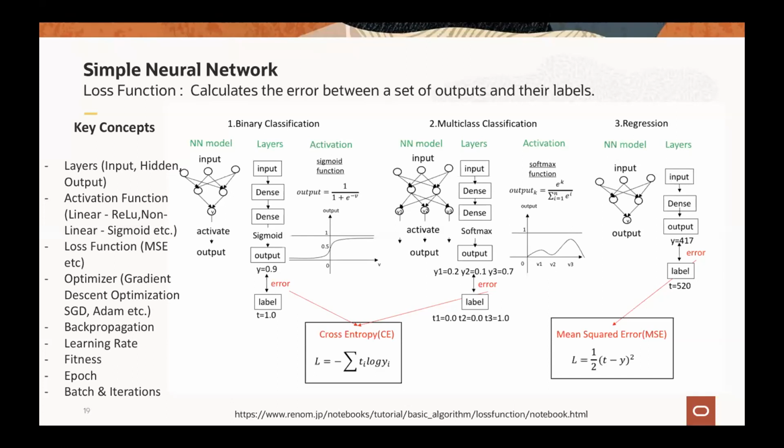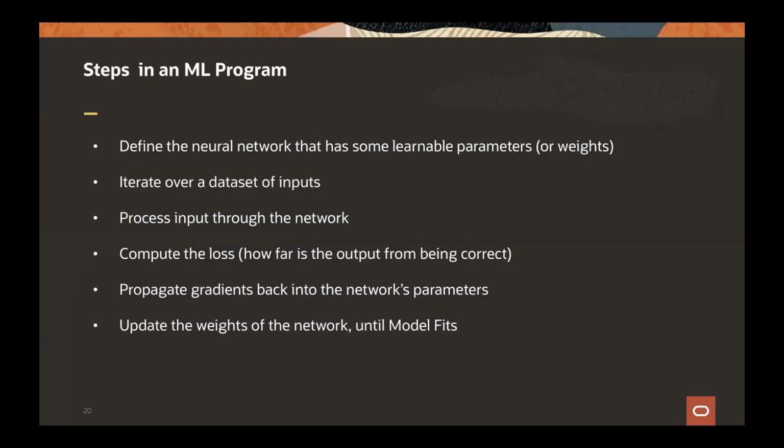So the steps at a high level are: define a neural network with some learnable parameters or weights, iterate over the inputs, process them through the network, compute the loss, propagate the gradients back into the network parameters, and update the weights. Some of these operations the model does on its own. All you have to do is define the algorithm and the functions. Some of them we have to do more work, especially around data cleaning and getting the right type of data.